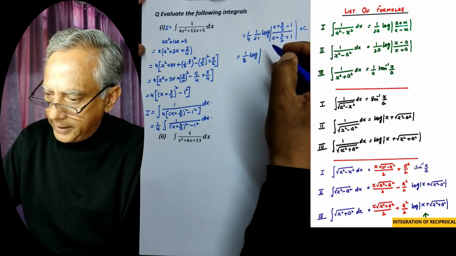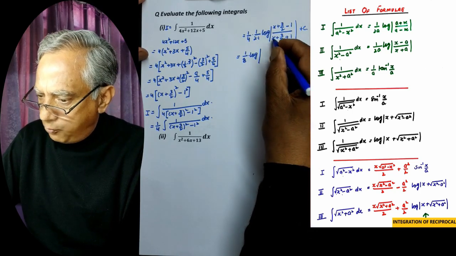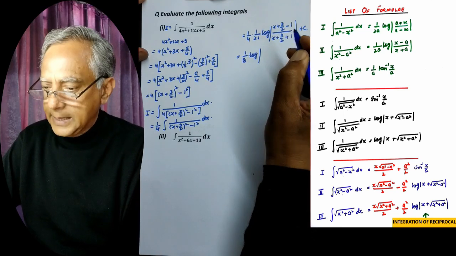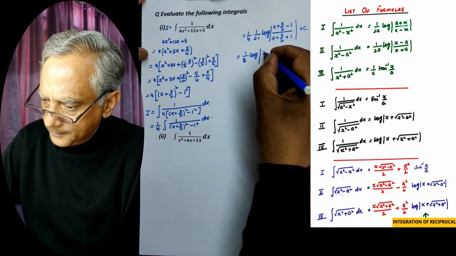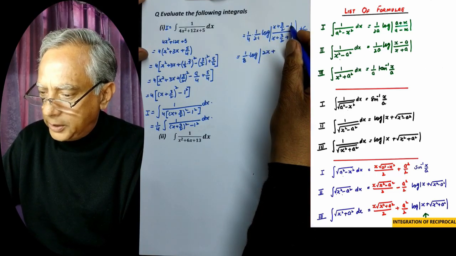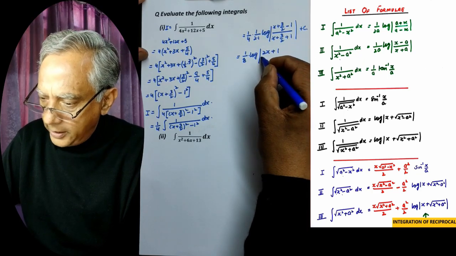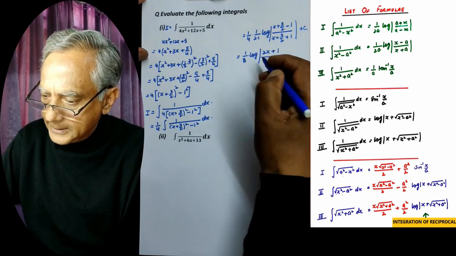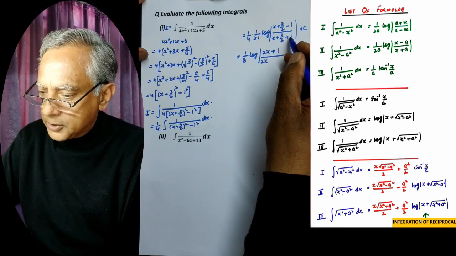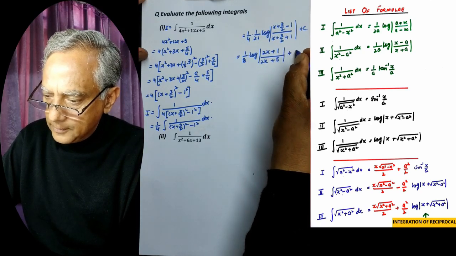now take the LCM. So LCM of both numerator and denominator is same, so it will cancel. So we will have 2x plus 3 minus 2, 3 minus 2 is 1, whole divided by 2x plus 3 plus 2, 3 plus 2 is 5, this plus c.